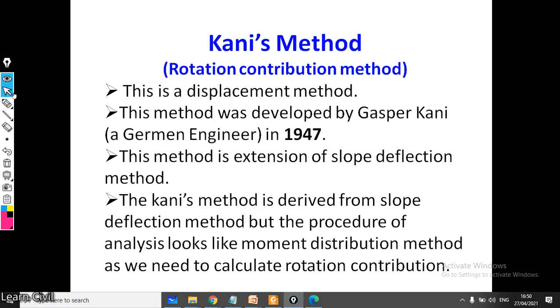But when we solve some problems using this method, we will have a feeling that it is more or less like the moment distribution method, because we need to calculate the rotation contribution in this method.